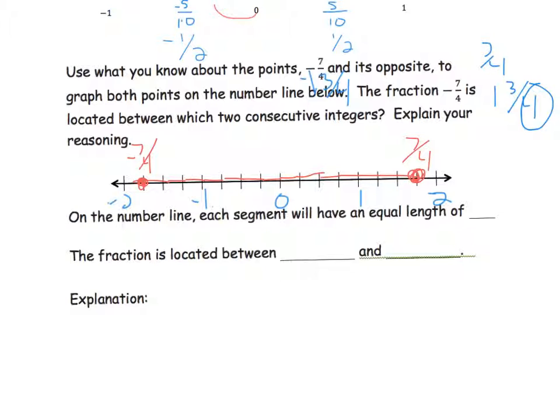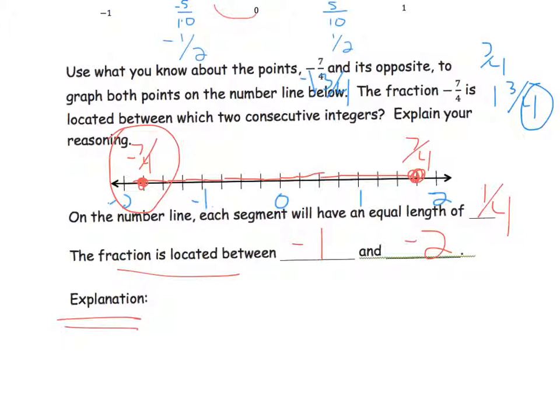So on the number line, each segment would have an equal length of 1/4 of a whole, and the fraction is located between, and we're talking about the first fraction, -1 and -2.